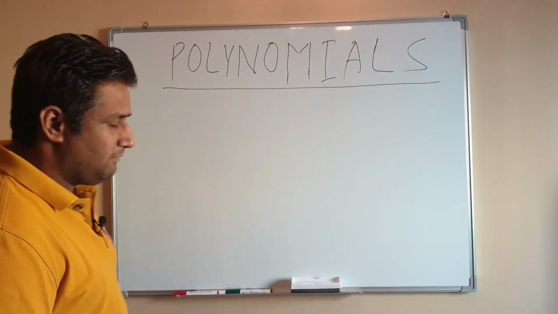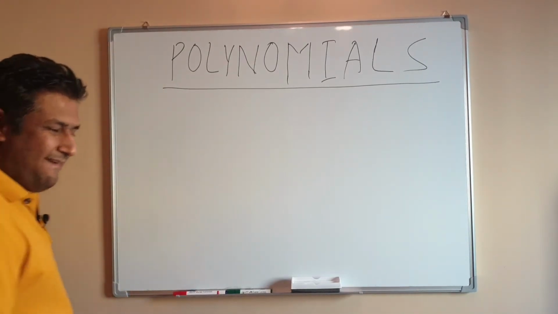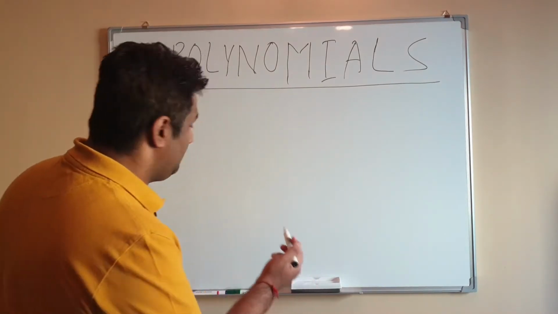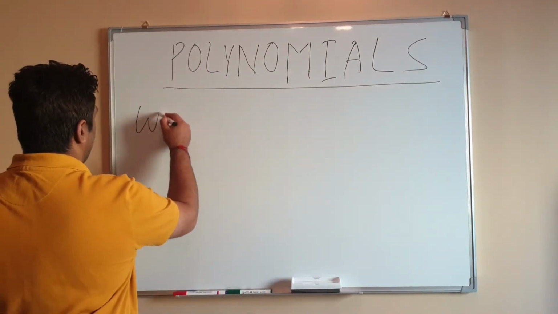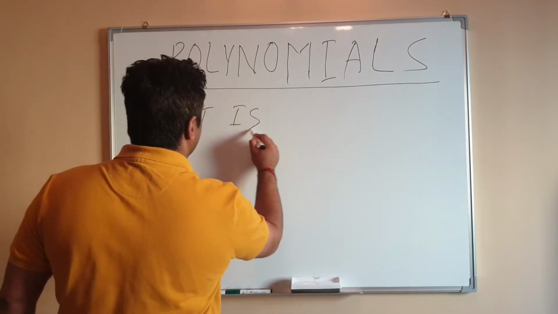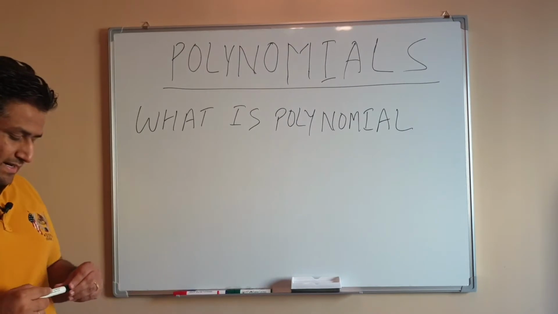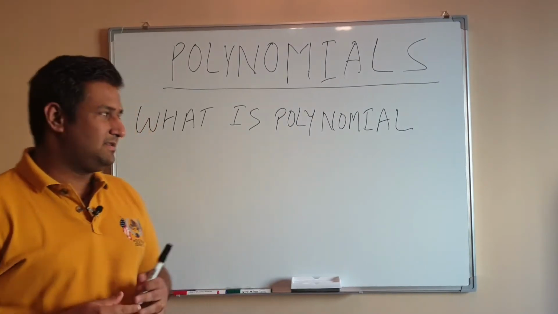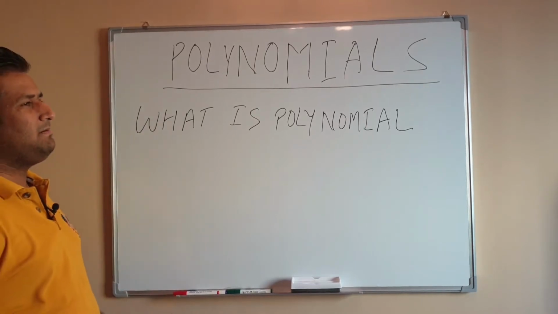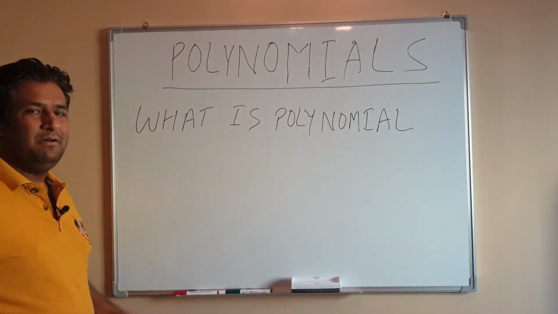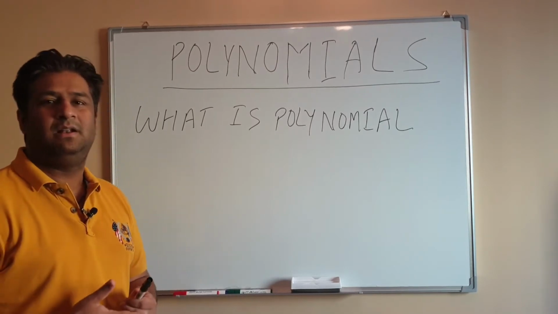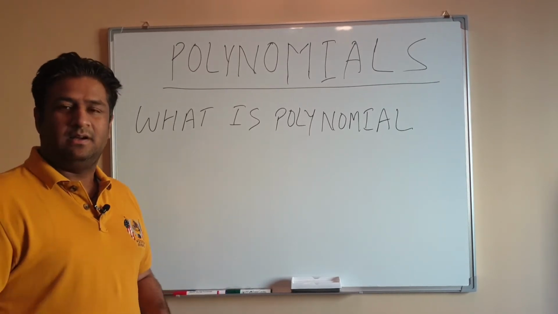So basically, first of all, what we have to understand here is what is a polynomial. In algebra there is a terminology called polynomial. A polynomial is nothing but an algebraic expression which will have multiple terms in it.